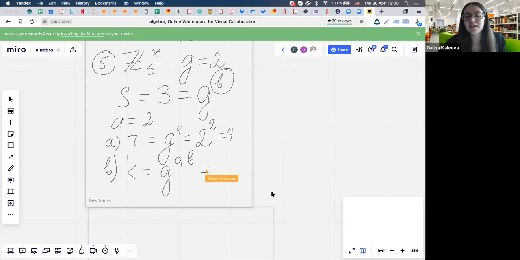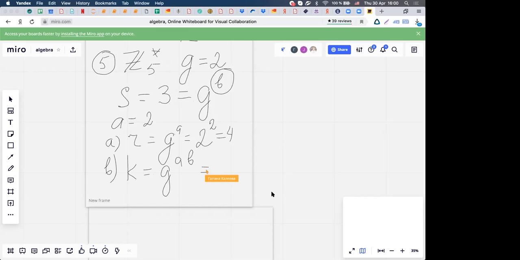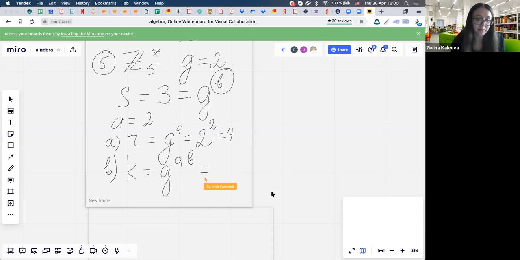But how can we find G to the power AB without actually finding B? Let's imagine that it's complicated even now to find B. And how can we find G to the power AB? We know A and we know G to the power B. Let's swap A and B and find this power.